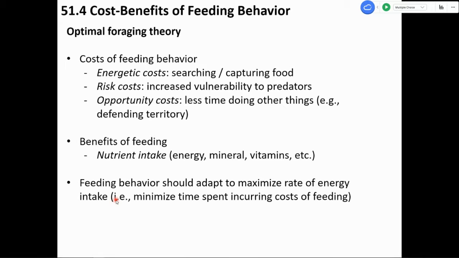If I need 2,000 calories to survive for the day, and I can get those 2,000 calories in 5 minutes, then that's a good thing, as opposed to taking me 12 hours to get those 2,000 calories, because in the rest of the time I could be doing something else that's beneficial to me, or I could be reducing my risk, sitting at home in my shelter, reducing my risk to predators.